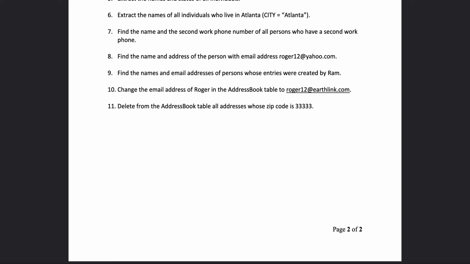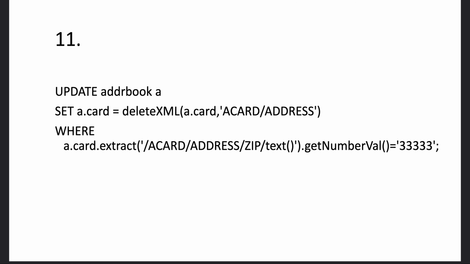Now we have to consider deletion. In question 11, it says delete from the address book table all the addresses whose zip code is 33333. Let's see how we do it in code.